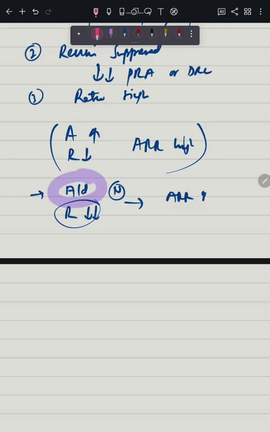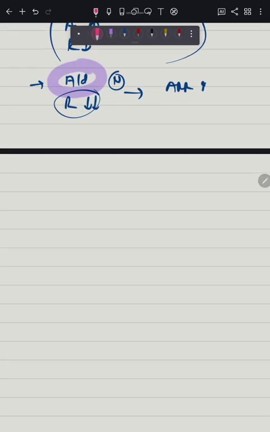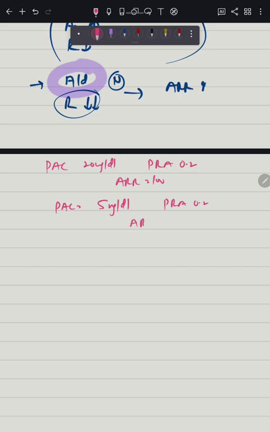So I will give easy examples. If a patient has a PAC of 20 nanograms per deciliter, plasma renin activity of 0.2 and ARR of 100, you see aldosterone is high and renin is suppressed, so this suggests primary aldosteronism, so ARR is positive. But if PAC is, for example, 5 nanograms per deciliter and PRA is 0.2, ARR will be 25.